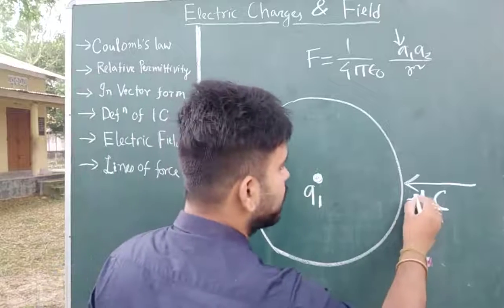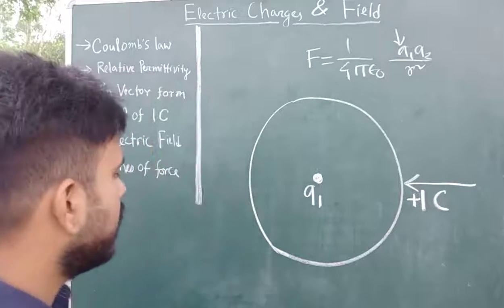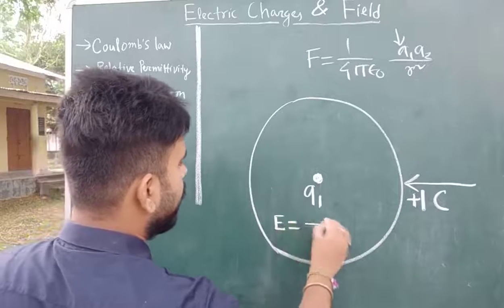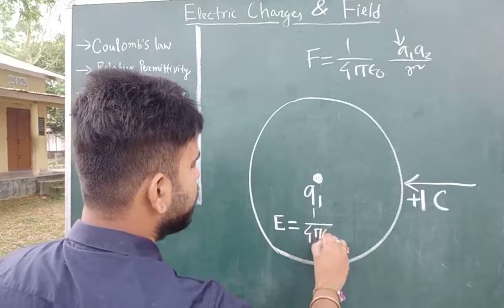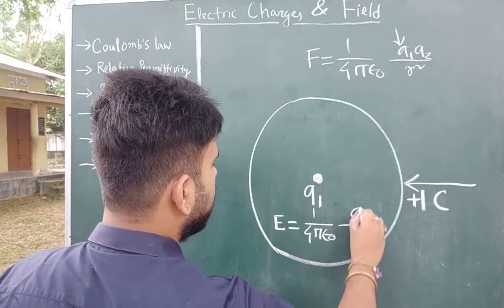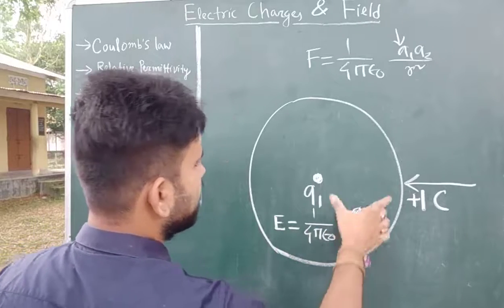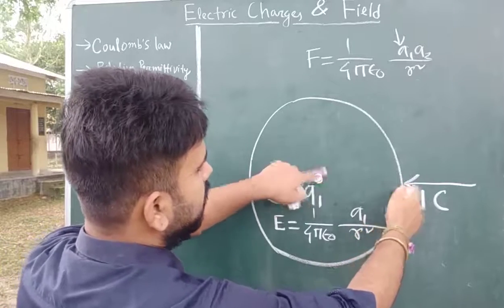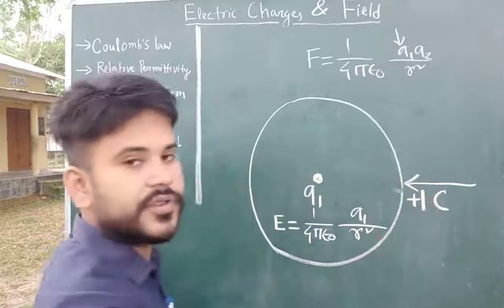So this is plus 1 coulomb. So we have electric field 1 by 4 pi epsilon Q1 divided by R square, where R is the distance between Q1 and the 1 coulomb charge.